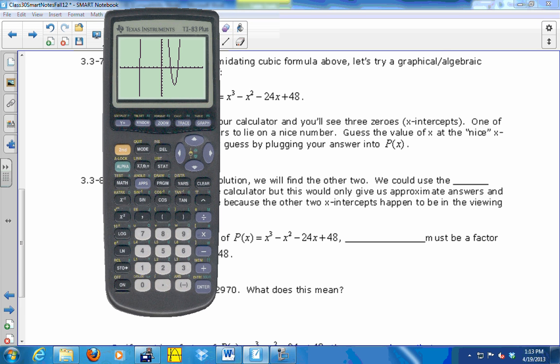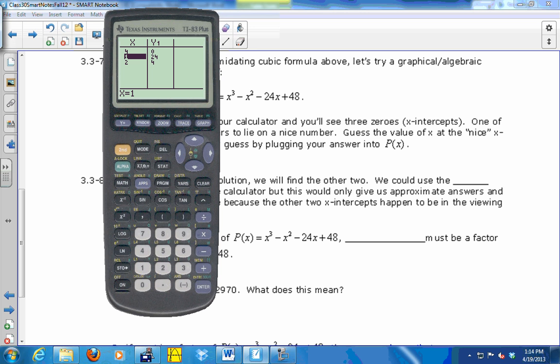It looks like one of them goes through a nice, pretty point, a nice, friendly integer. Which one do you suspect is a good zero? 4, yeah, x equals 4. So you just kind of go 1, 2, 3, 4. And then you can check it by looking at the table. Type in 4, we get 0.